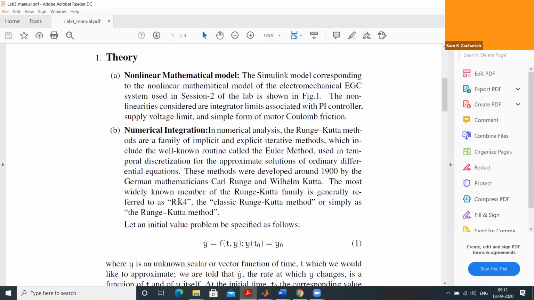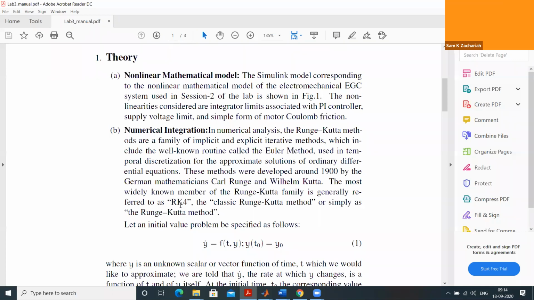The most widely known member of the Runge-Kutta family is generally referred to as RK4, the classic Runge-Kutta method. There are other Runge-Kutta algorithms, but this is good enough with respect to computational complexity as well as accuracy.